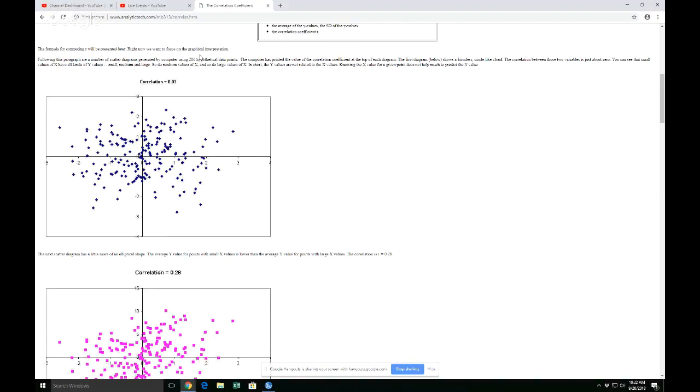Okay, it must be backed up by a scatter plot. Which is why I said the scatter plot is the first thing that you should do. Okay, so this would be a correlation of 0.03, which is very close to 0, and so you can see clearly there's no pattern going on here.